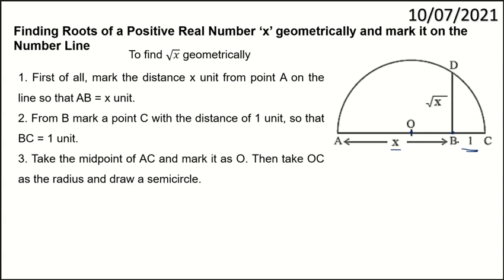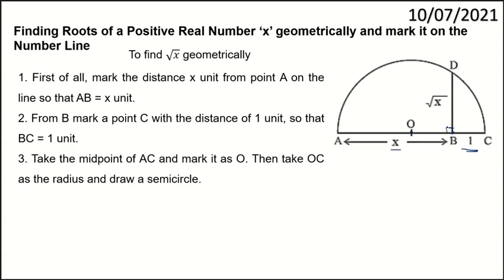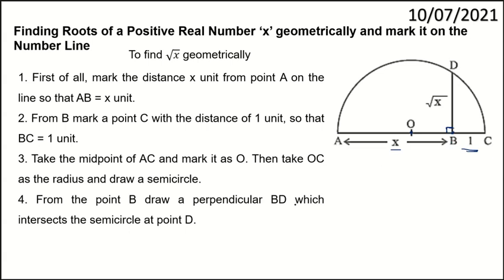After constructing the semicircle, we went for drawing a perpendicular at point B using a pair of compasses. You have seen how to construct it.